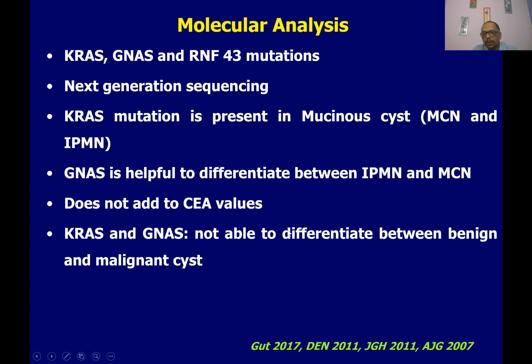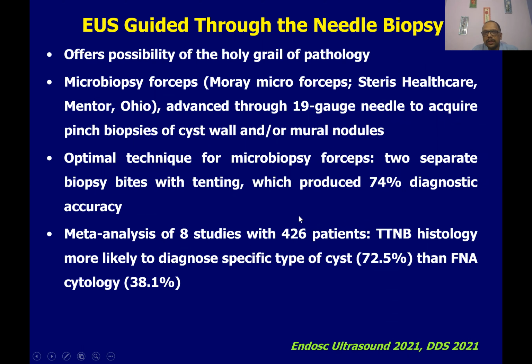So with this background of poor diagnostic accuracy of available modalities for accurately diagnosing pancreatic cystic lesions, came the logic of using an EUS-guided through-the-needle biopsy. The advantage of this is that it offers us the possibility of the holy grail of pathology for diagnosing cystic lesions.